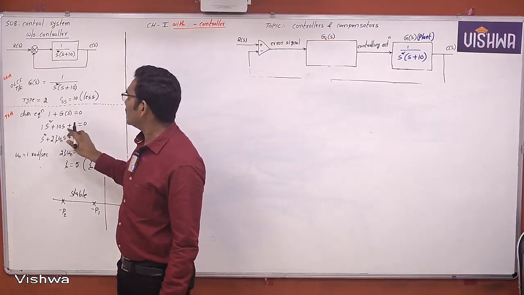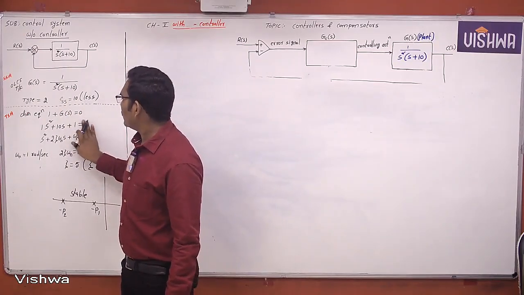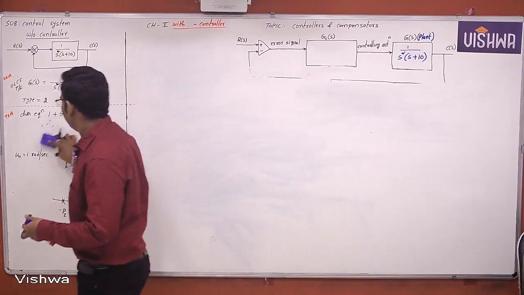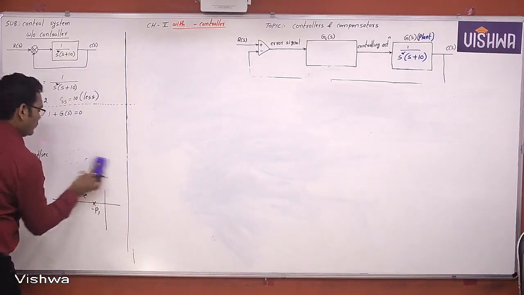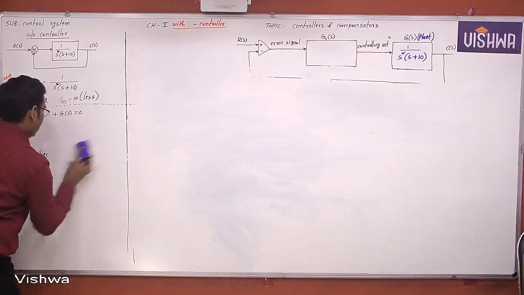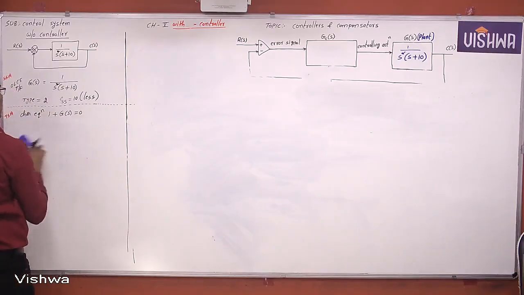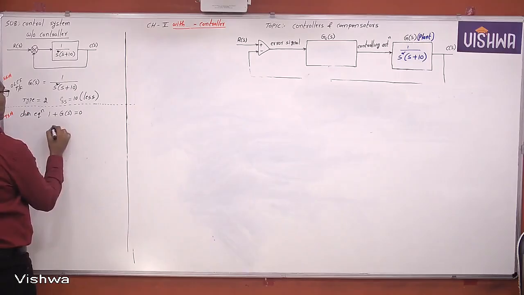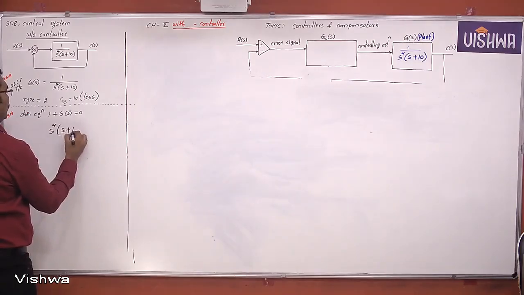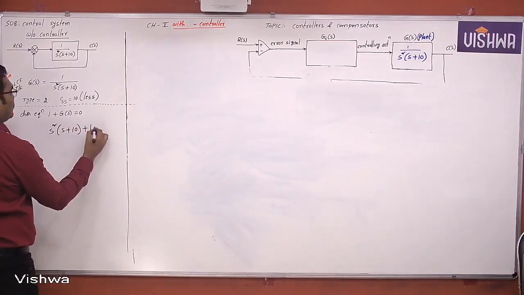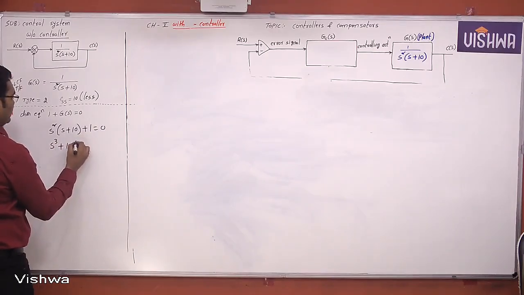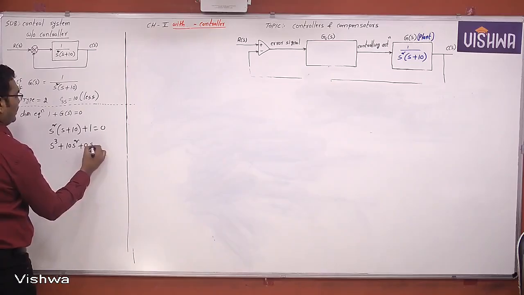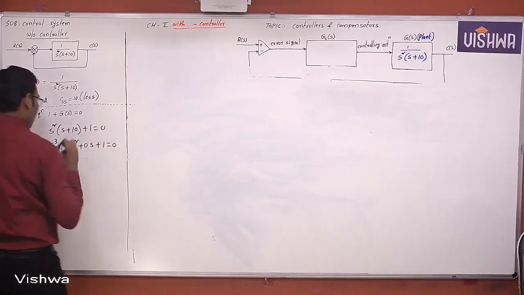This is the characteristic equation. S square into S plus 10 plus 1 equal to 0. S cube plus 10 S square plus 0 into S plus 1 equal to 0.